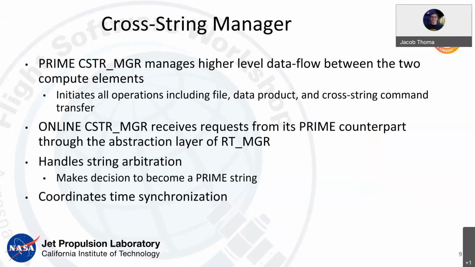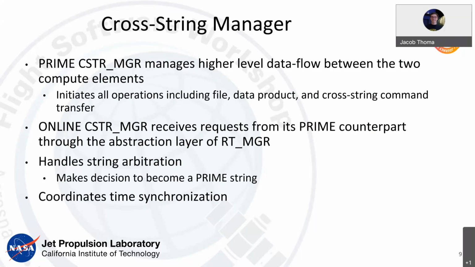It initiates all operations, including file transfers, data product transfers, and cross-string commands. The online version is kind of sitting there waiting for requests that it will receive through the abstraction layer of RT Manager. So it doesn't have to understand the complexities of the actual transfer.